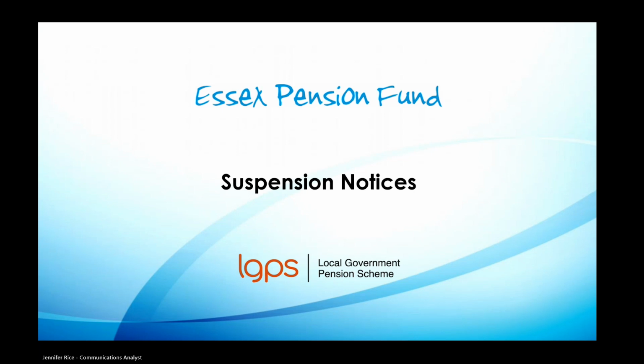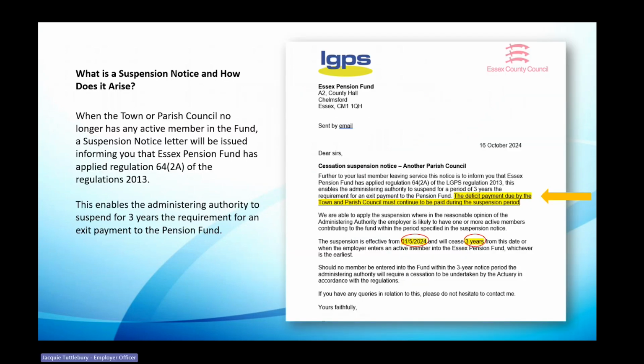we will issue by email a suspension notice letter making you aware that Regulation 64(2A) of the Regulations 2013 enables the administering authority to suspend for 3 years the requirement for an exit payment to the pension fund.